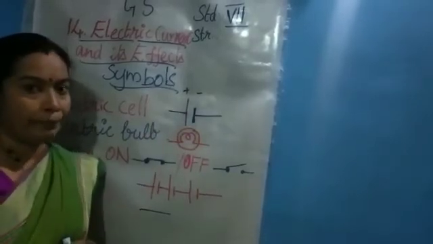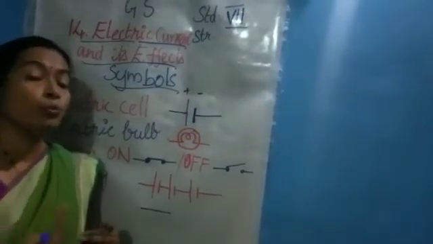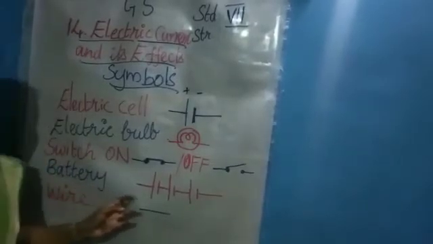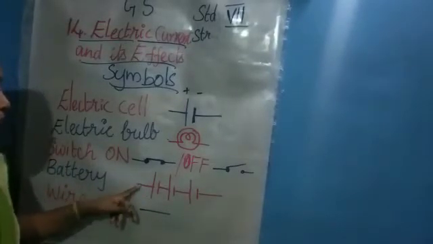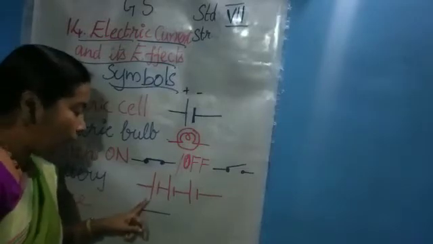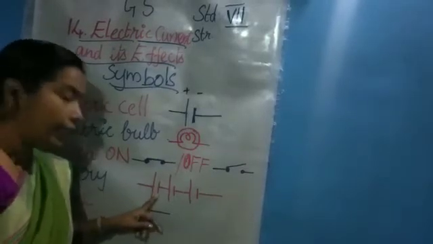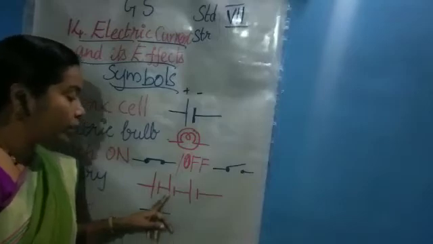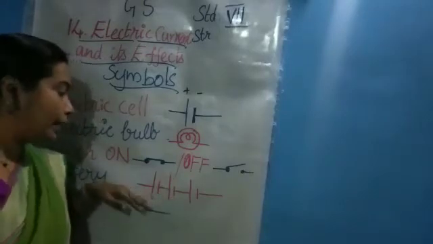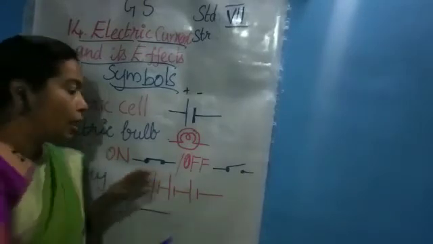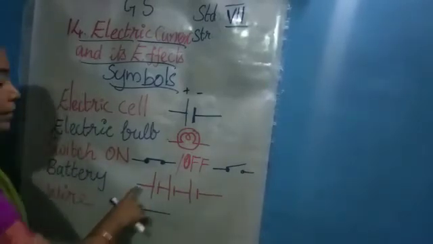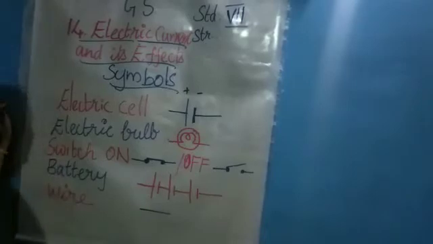If we want to use more than one cell, then it's called a battery. It is one positive terminal and one negative terminal, again one positive terminal, one negative terminal. Like that, for the number of cells used, we call it a battery, and this symbol will be like this.